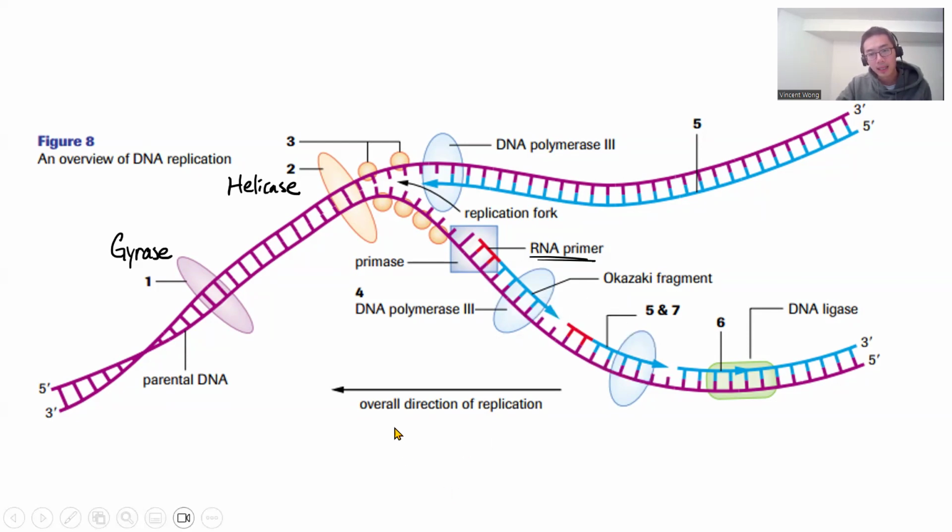As DNA polymerase 3 moves towards the primer, number 3 is going to fall off.